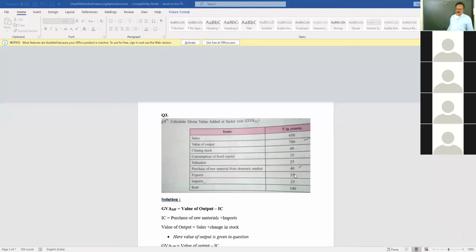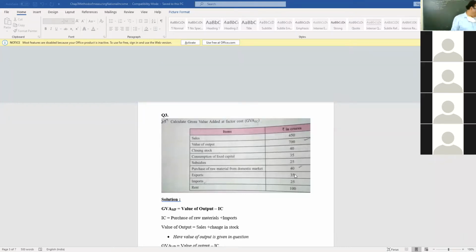So that is 700 minus 65. Work it out. 635 crores is the gross value added at market price.